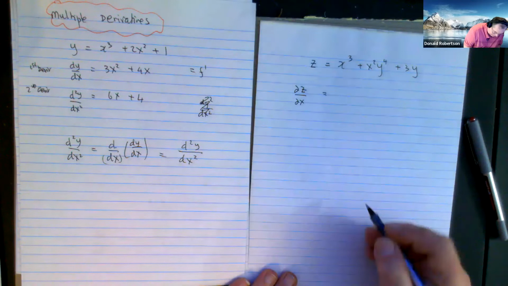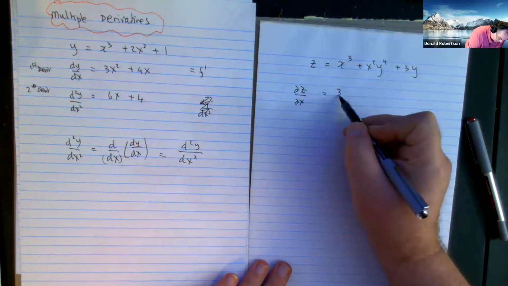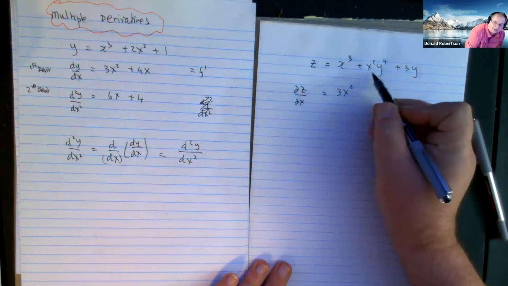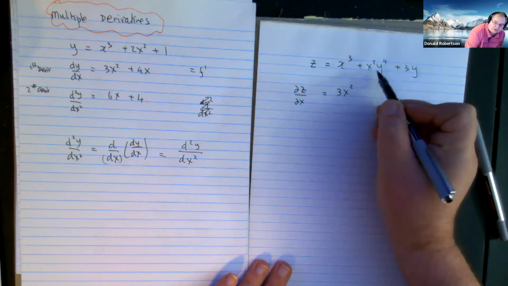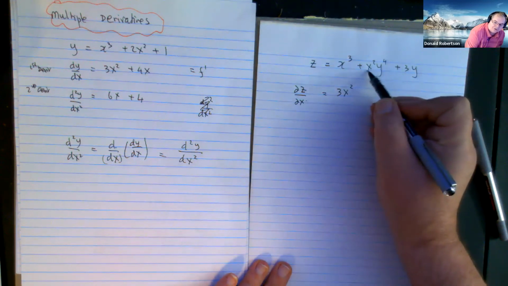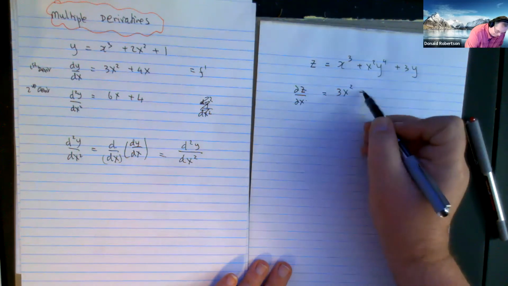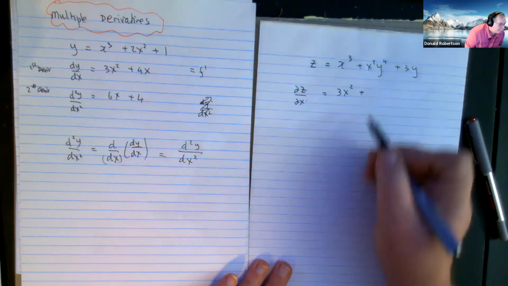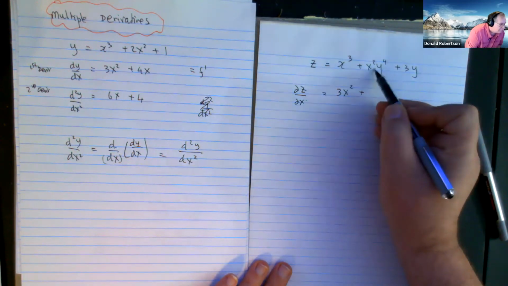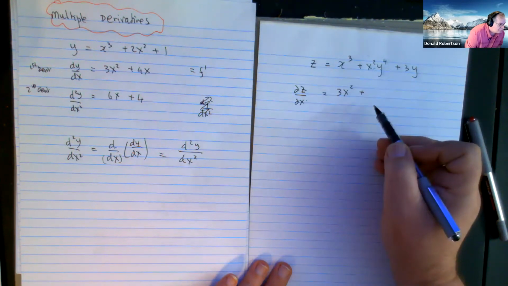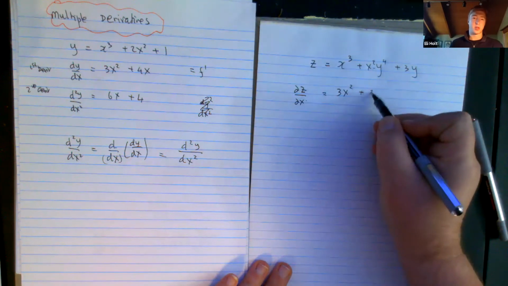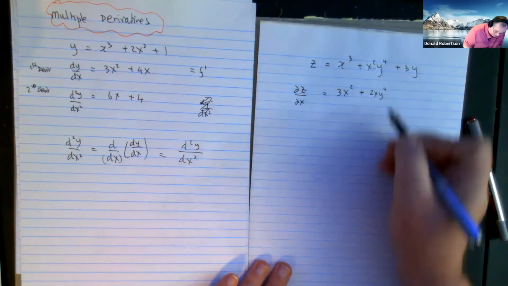And his partial derivative with respect to x would be 3x squared. What would you get if you differentiated x squared y to the 4 with respect to x? What would this guy get you? Any takers? 2x y to the 4. Assuming I heard a 2 there, probably did.